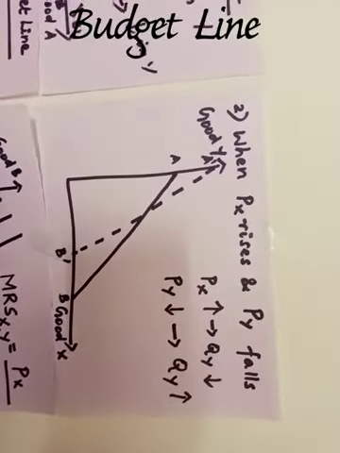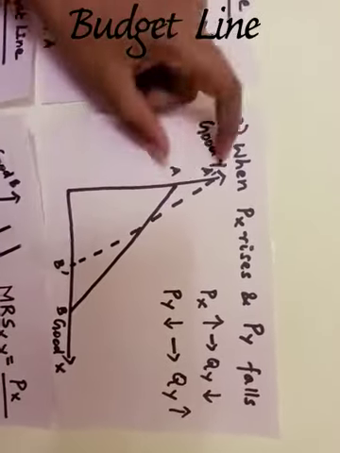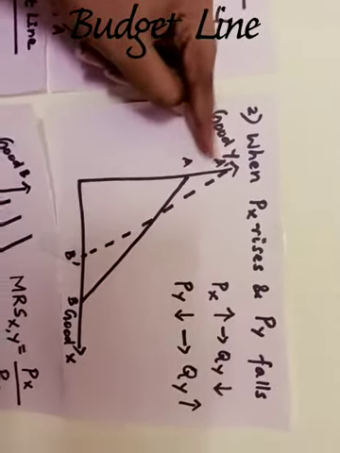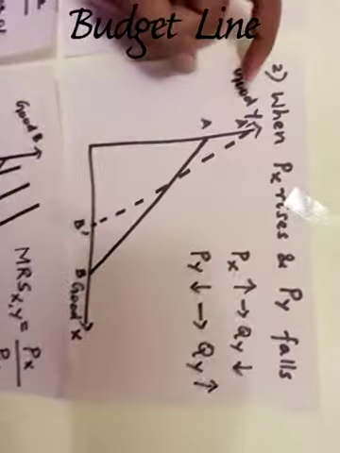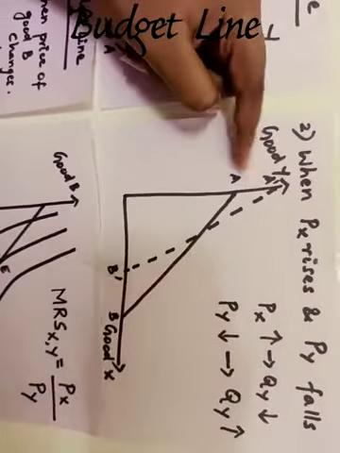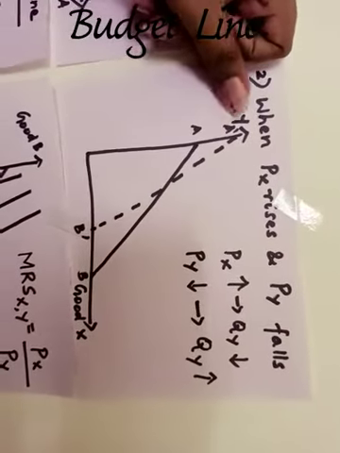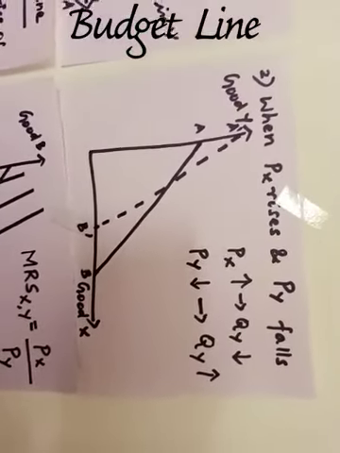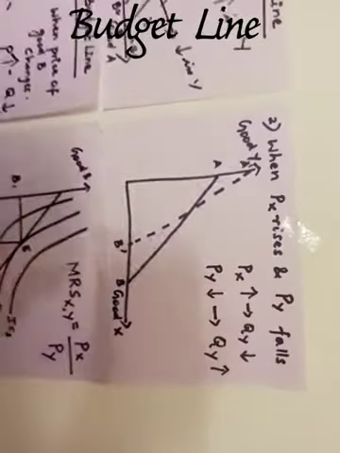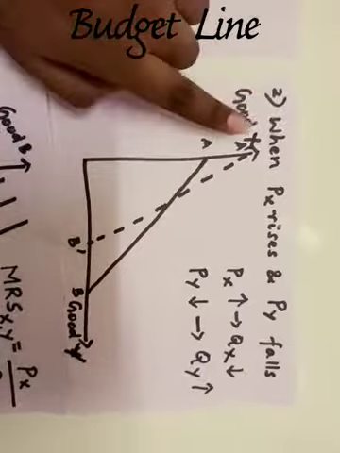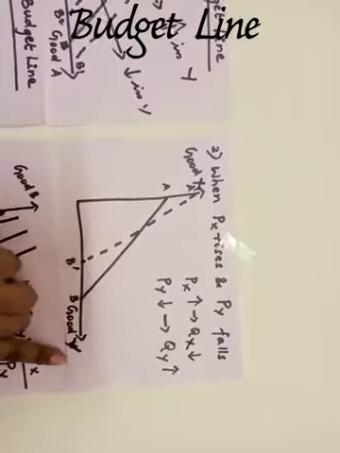So when the price of X is rising, the quantity of Y is less now, so you have to use more income to purchase good X. Like I have made a mistake here, so I have corrected it as X, and here also it's X. Now here it is Y.